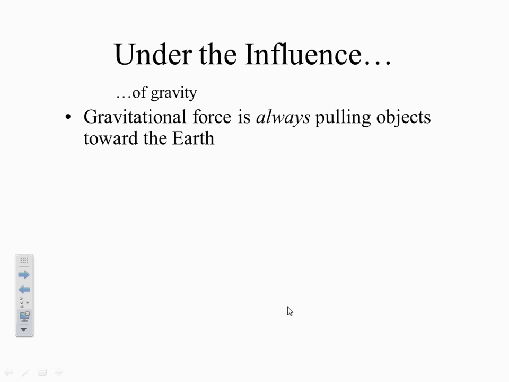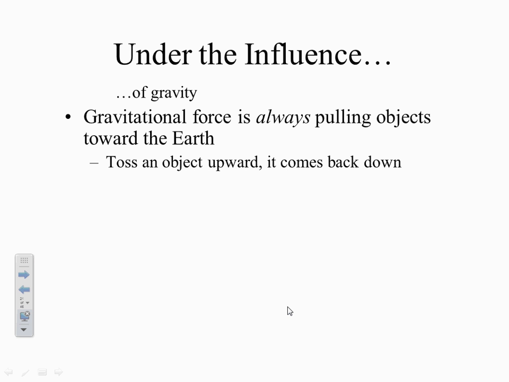Okay, so any one of these things can be considered a test mass because their mass is small relative to the Earth's mass. This also is the case if we toss an object up into the air. It goes up, eventually it will come back down, for the most part.